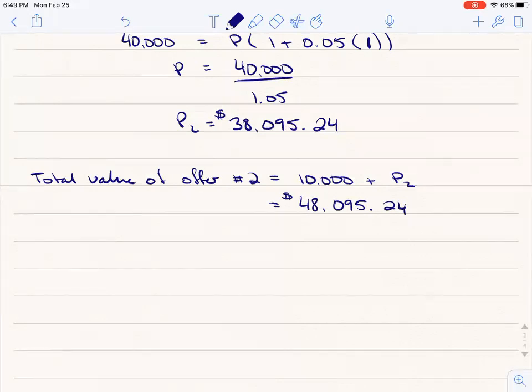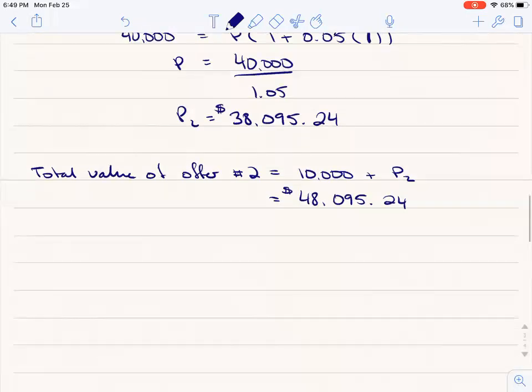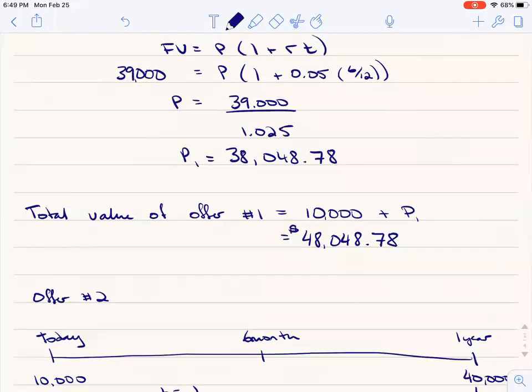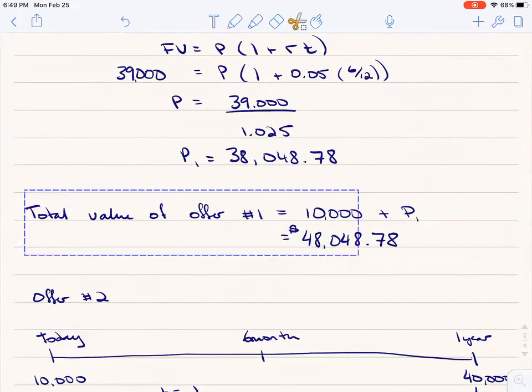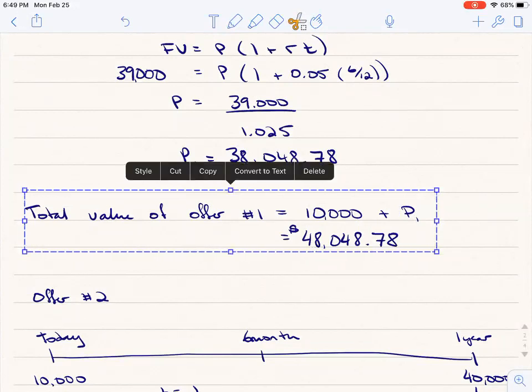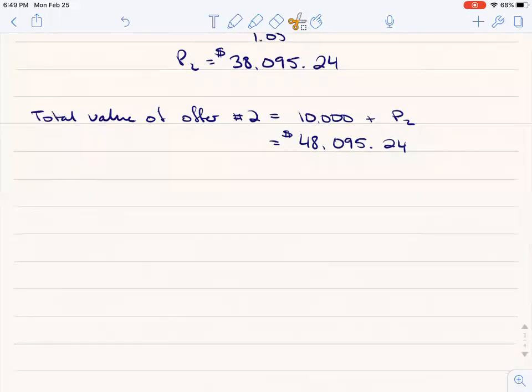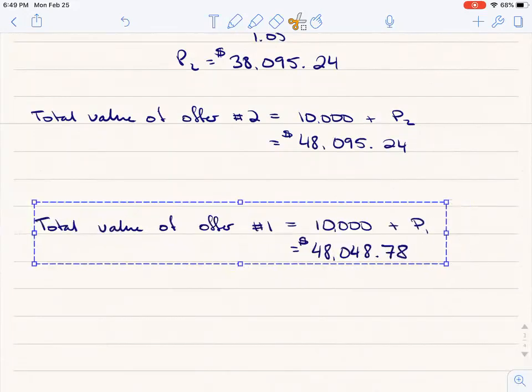So face value, right? We were given offers of 49,000 and 50,000, right? But in the end, let me just pull it down here. It's just easier if I can have them here.